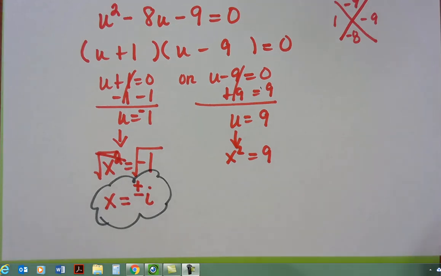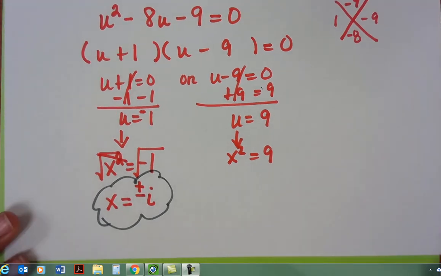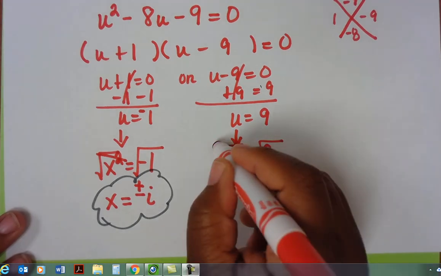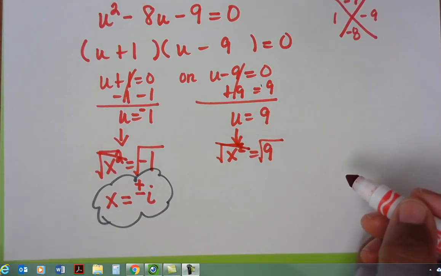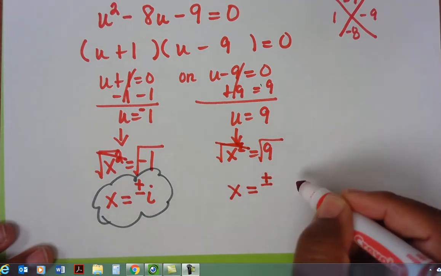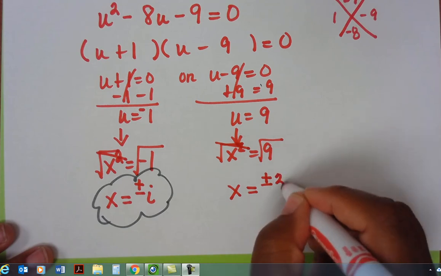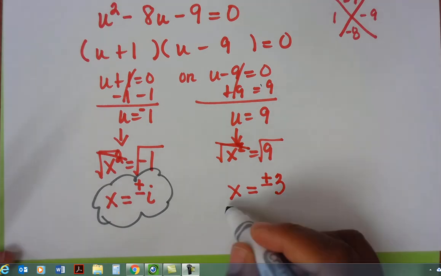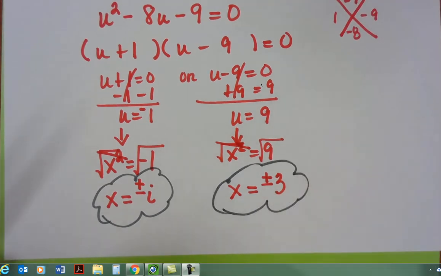Then we solve the second equation, where we take the square root of both sides. Left hand side, the radical and exponent of 2 cancel out, and we have x is equal to plus or minus the square root of 9, which is 3. And we have here 2 solutions: plus or minus i, plus or minus 3. And then we're done.